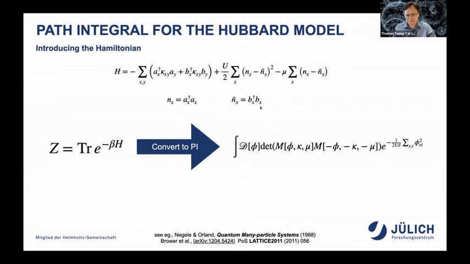I'm hoping this actually looks somewhat familiar to lattice gauge theory, right? We have the same thing in QCD. We have a product of fermion matrices for the different flavors, and we have, if you will, a gauge part of the action here. In our case, the gauge part is quite simple. It's a Gaussian. The field itself is not dynamical. It's just an auxiliary field that came about from a Hubbard-Stratonovich transformation to simplify this quartic coupling.